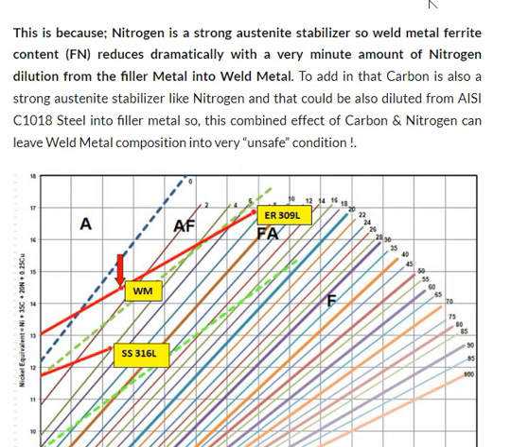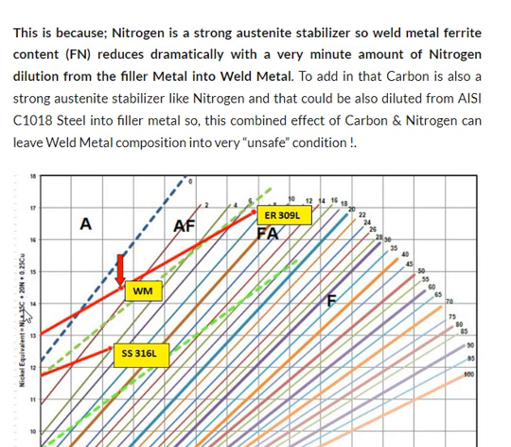Now you can understand the effect of nitrogen, because nitrogen is a strong austenite stabilizer. The weld metal ferrite number reduces dramatically with a very minute amount of nitrogen dilution from the base metal into the filler metal. To add to that, carbon is also a strong austenite stabilizer. You can see on the y-axis the nickel equivalent: carbon is given a coefficient of 35, and nitrogen a coefficient of 20.